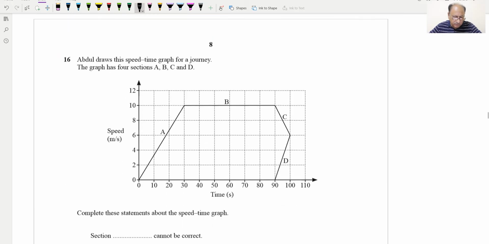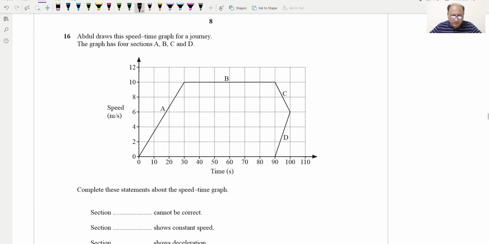Hopefully you understood this. Now question number 16 says Abdul draws this speed time graph for a journey. The graph has 4 sections A, B, C, D, and this side is speed in meters per second, this side is time in seconds. So complete these statements about the speed time graph. Section cannot be correct.